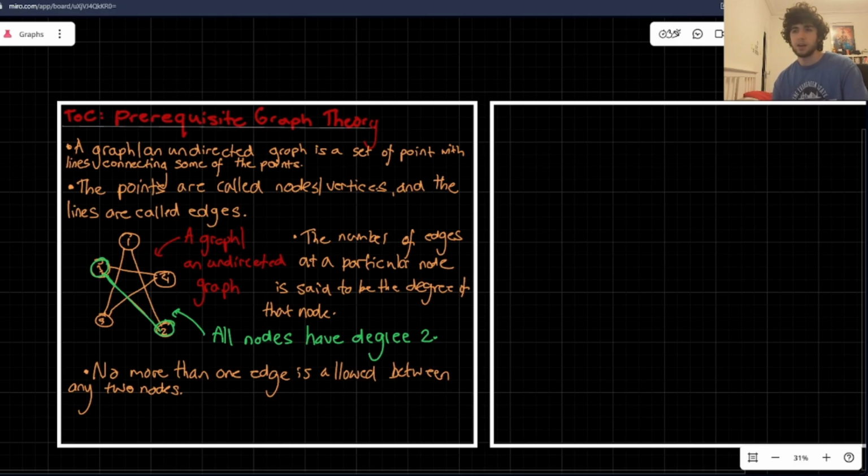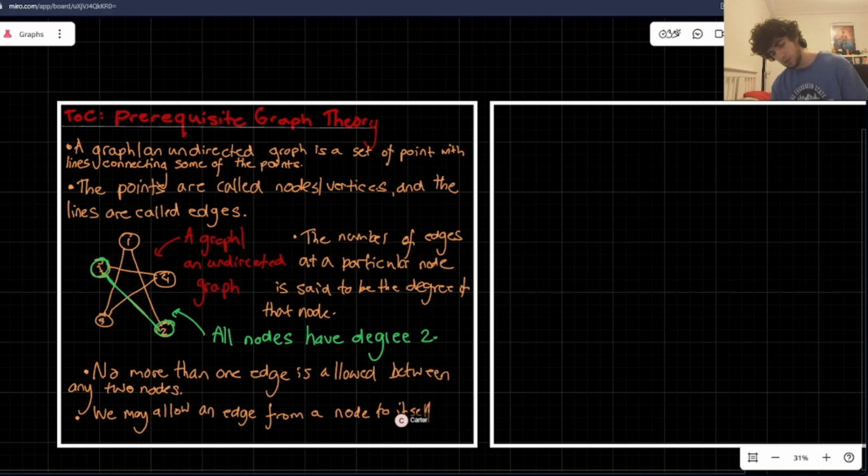Although, even though that's not allowed, what we do sometimes allow is an edge from a node to itself, and we call that a self-loop. In our graph up here we have no self-loops, but I can easily add one in by taking the node number 5.